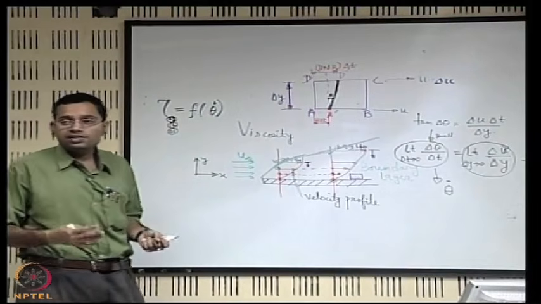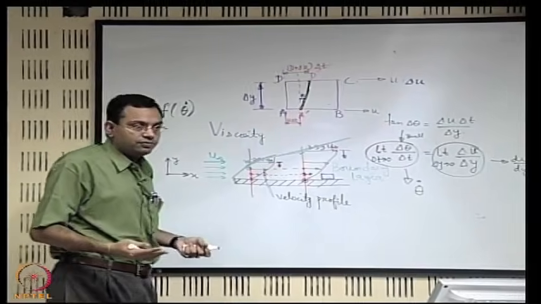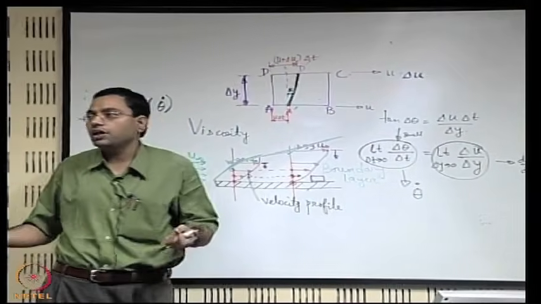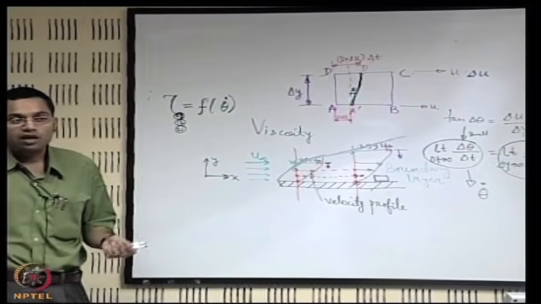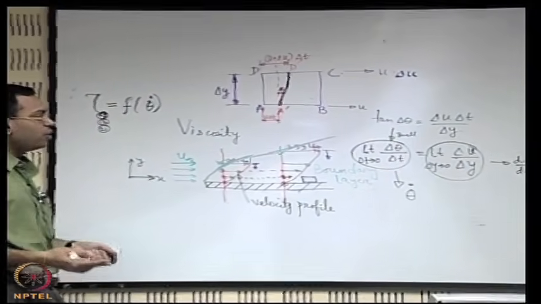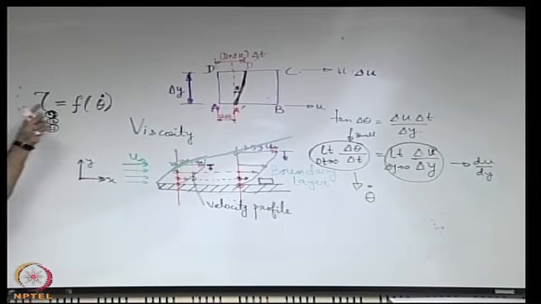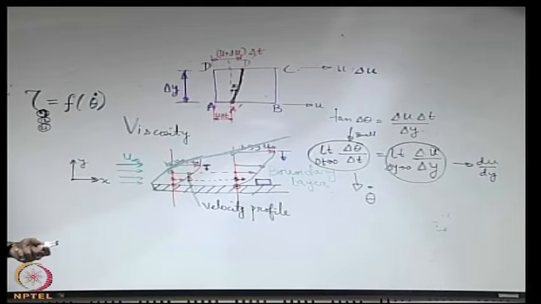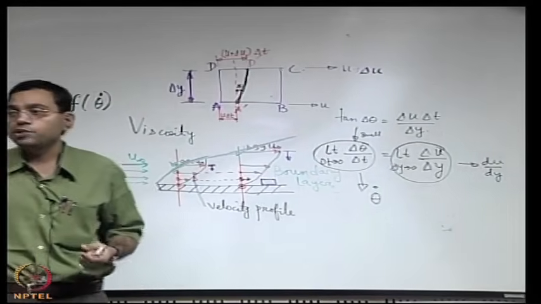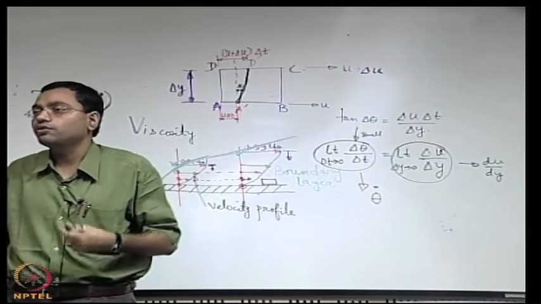Similarly for fluids, very interestingly, most of the engineering fluids that we encounter, and typically the two common engineering fluids we always encounter are air and water, also obey that type of linear relationship between the shear stress and the rate of deformation. So for those fluids which obey the linear relationship between the shear stress and the rate of deformation, we call them Newtonian fluids.